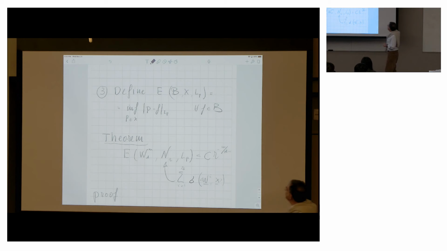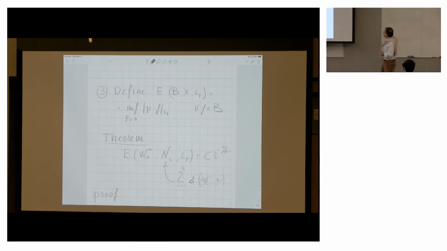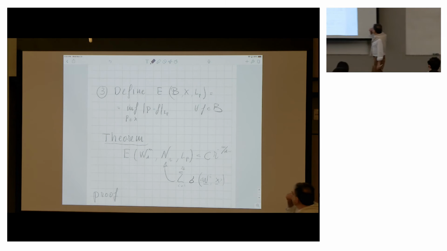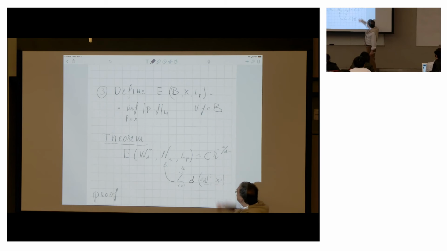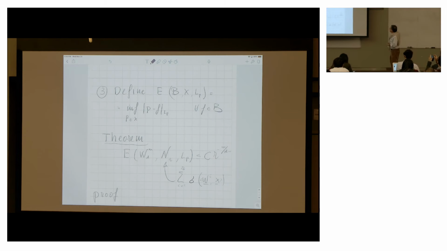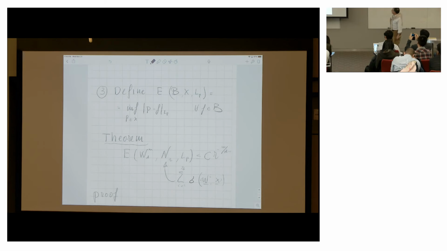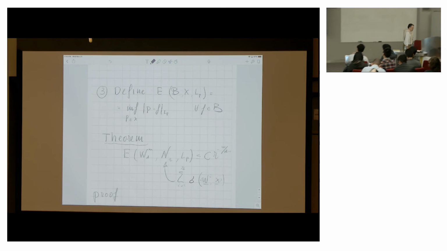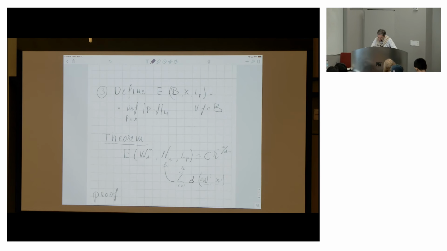And so here I define E as the minimum, the best error I can make by using, let me see, sorry for the confusion, but these are generic spaces.